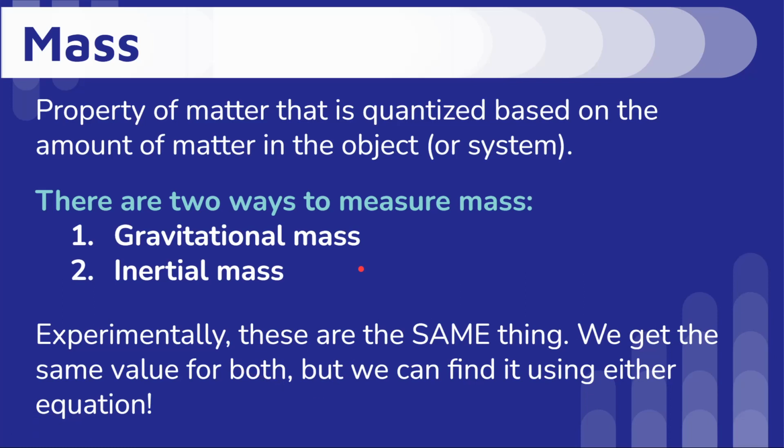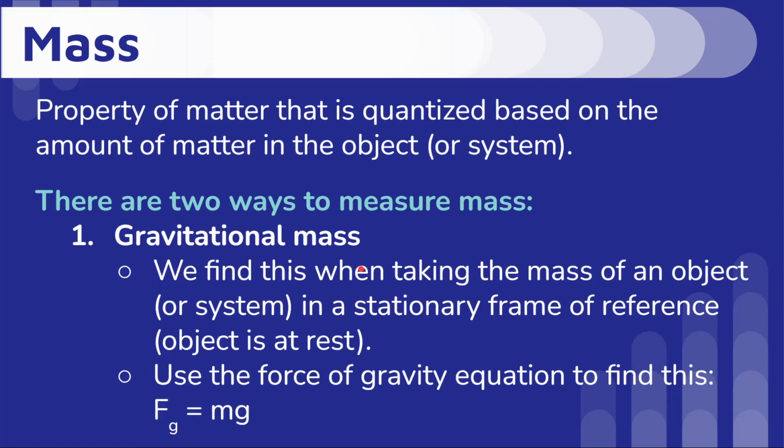So let's take a look first at gravitational mass. You're going to find gravitational mass when you are taking the mass of the object or system in a stationary frame of reference. So if the object is at rest, if you're just assuming that you're at rest right now on Earth, you could use that same equation I just mentioned, Fg equals m times g.